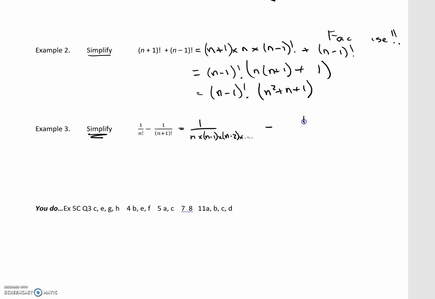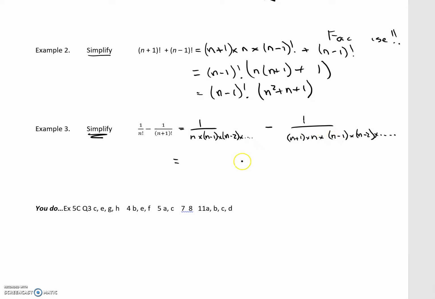And this numerator is 1 over n plus 1 times n times n minus 1 times n minus 2 times dot dot dot. Now, we want a common denominator. So this is already a factor of what we've got there.